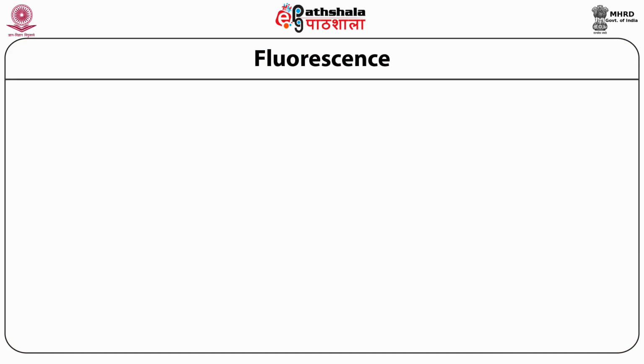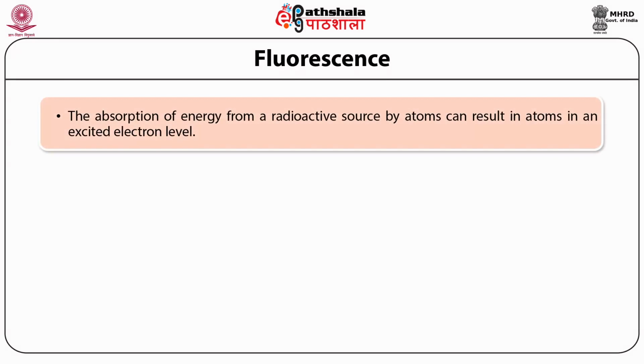So let us discuss another optical spectroscopy technique, that is fluorescence. The absorption of energy from a radioactive source by the atoms can result in the atoms being in an excited electron level.